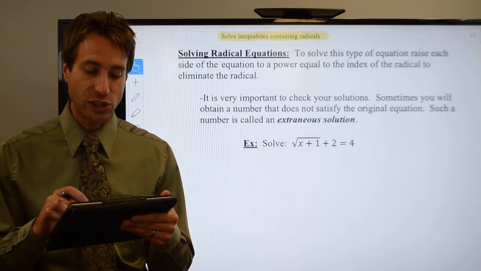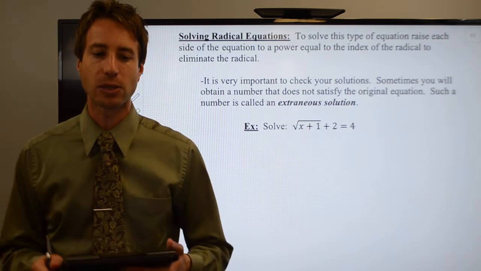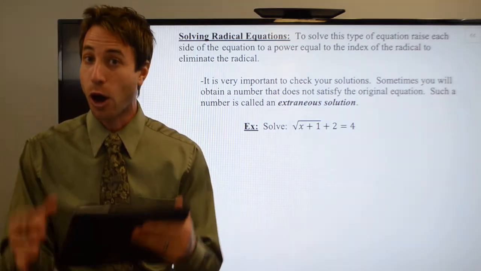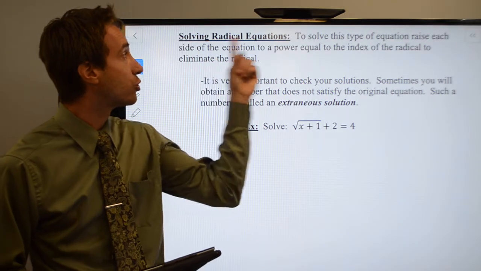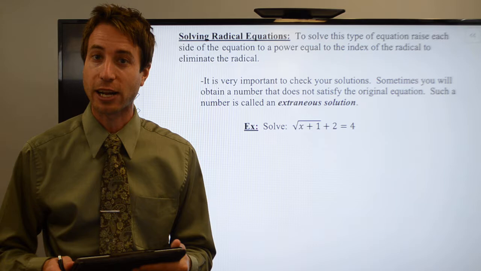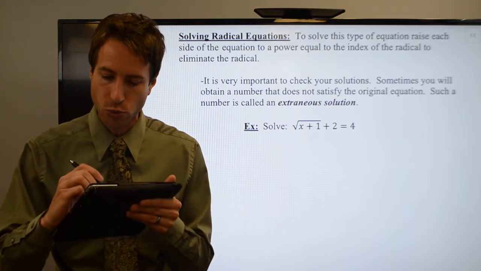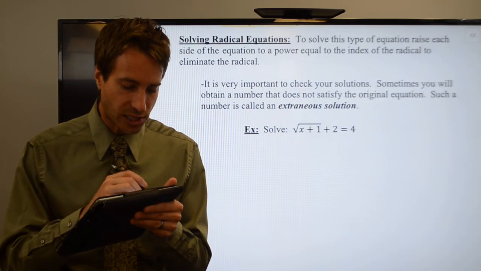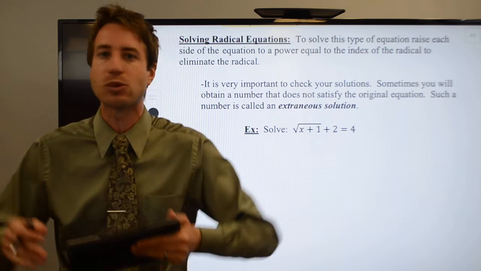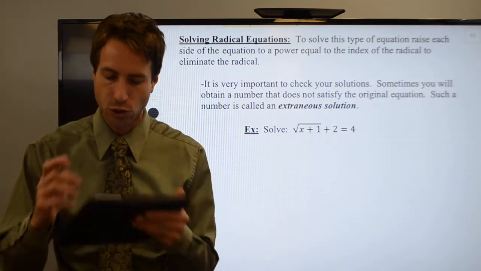Solving equations that have radicals in them, and a couple of things that are going to help you do that. The first thing: in order to solve an equation with a radical in it, you're going to raise each side of the equation, because algebra says whatever you do to one side, you have to do to both sides.